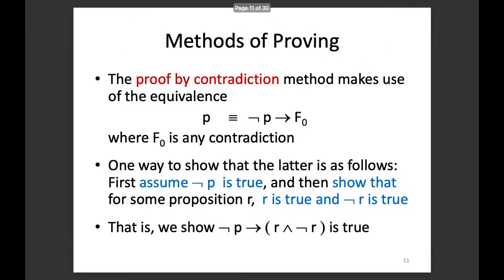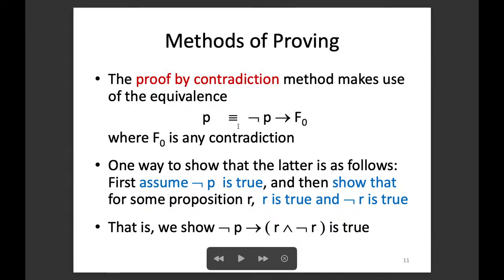As I've just mentioned, this proof by contradiction is extremely similar to proof by contraposition. It is because we are actually using contraposition of T implies P here, right?